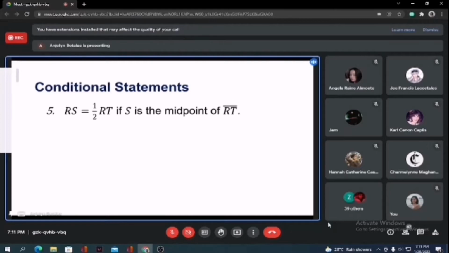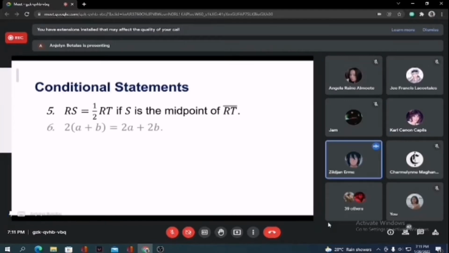Then the conclusion is the length of RS or segment RS is equal to one half the length of segment RT. Are you following? Yes, ma'am.